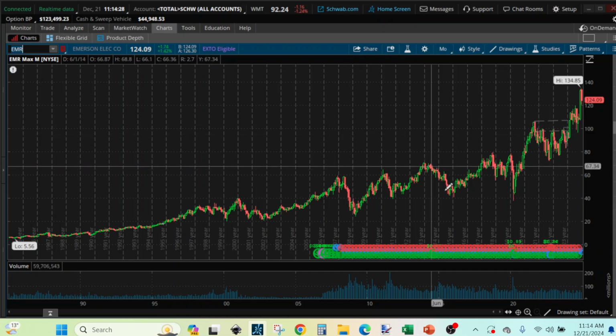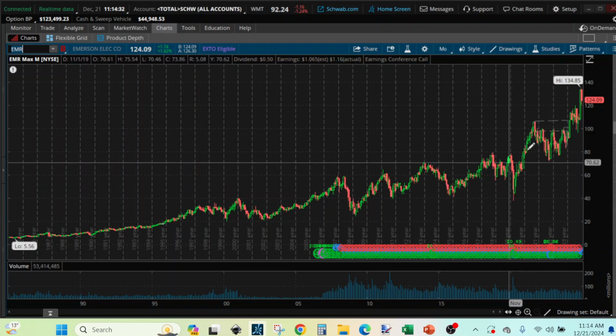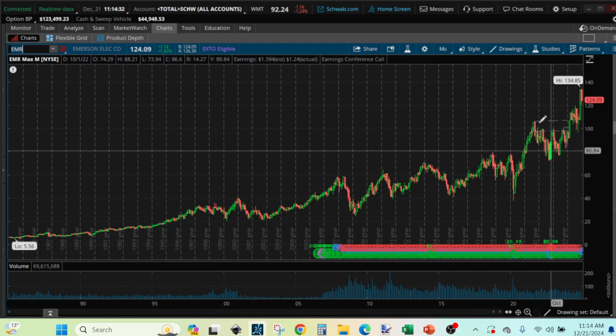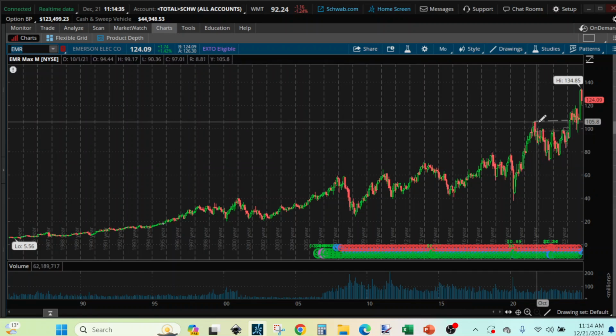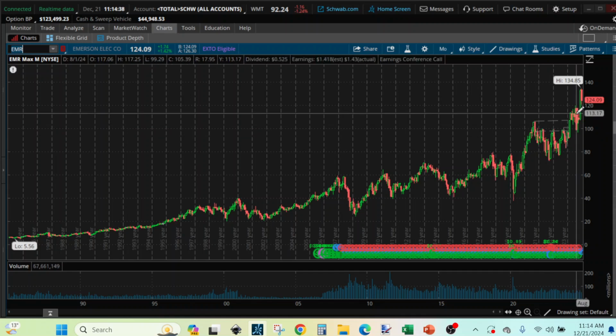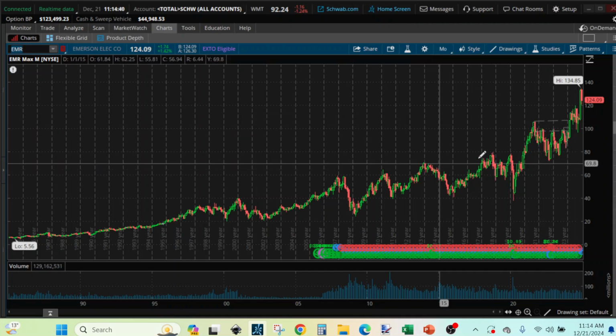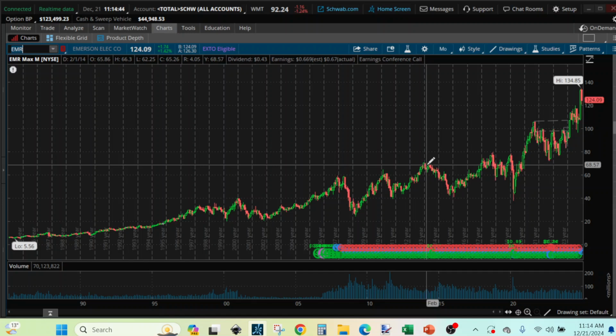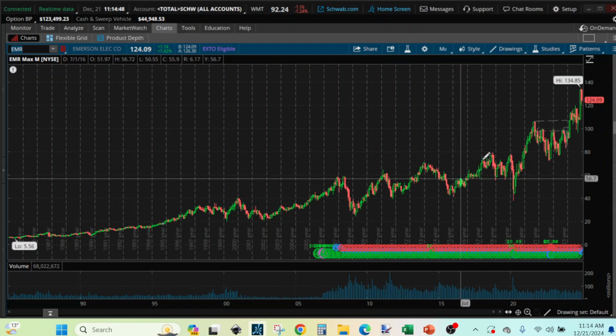Like, I don't even know how to explain it. Do you see this high here is above this high tapped in? So I'm not a big fan of it, and it's more a common thing for this stock, because you can see this high here is above this area. I'm not a big fan of it.